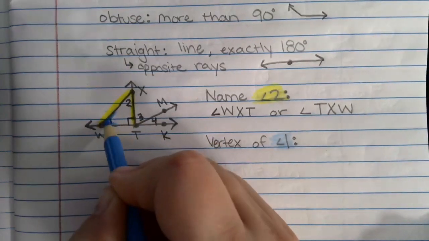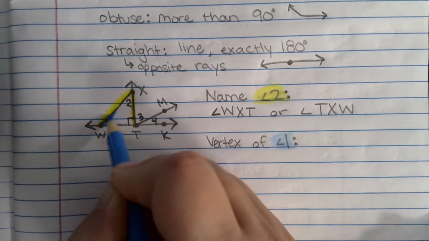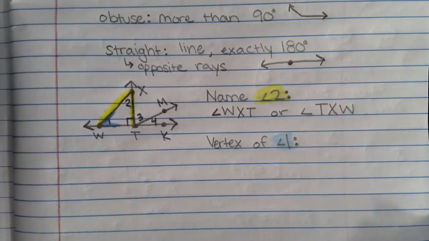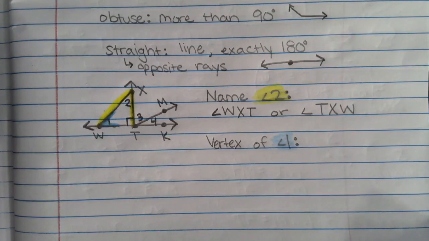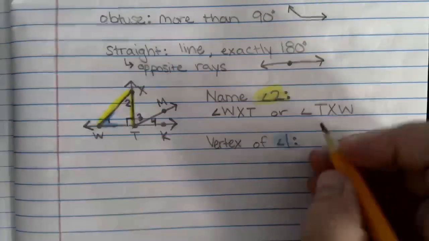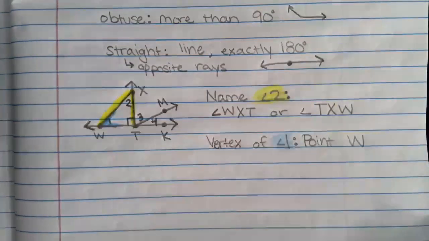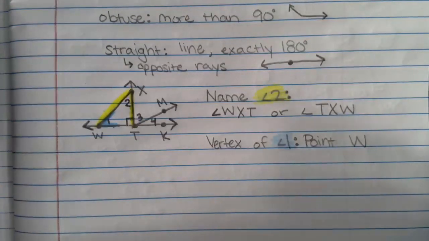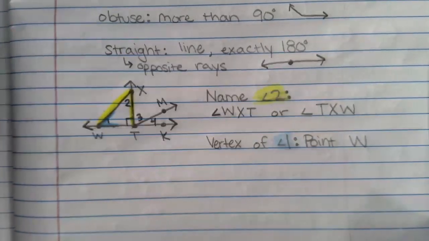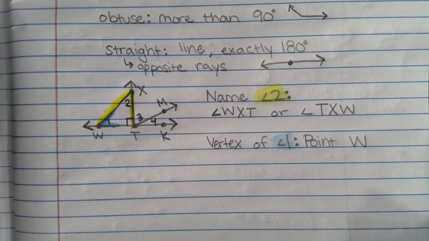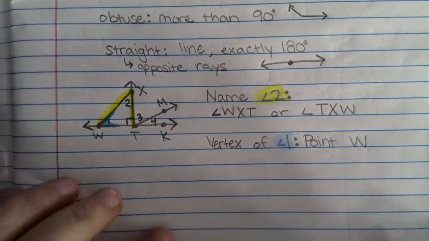So angle 1 now is that bottom corner. What's the corner where that angle comes together at angle 1? What point? W. Awesome.